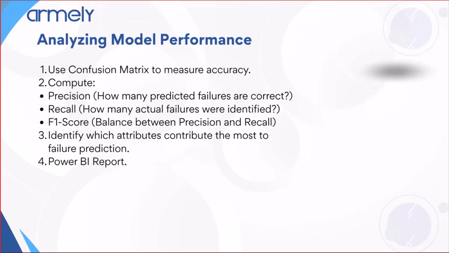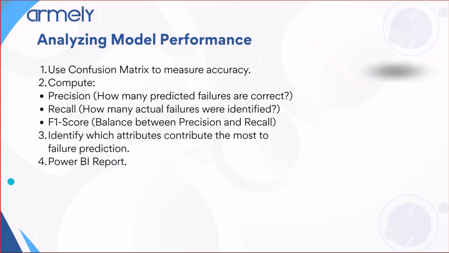So for example, true positives are the correctly predicted failures. False positives were predicted as failures, but they were not actual failures. False negatives were the missed actual failures, and true negatives are the correctly predicted no failures. So we're going to show you a dashboard with this created so that you can visualize it better.